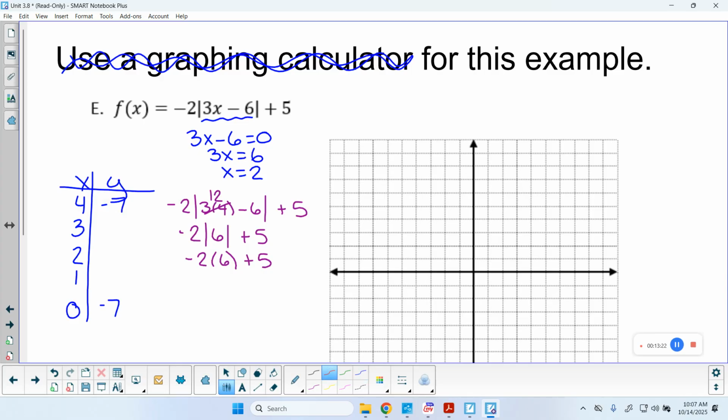Now we are going to take 3 and plug it into x. So -2 times the absolute value of 3 times 3 minus 6, and then plus 5. Again, do what's inside of the absolute value first. 3 times 3, we know is 9. So that means we're going to have -2 times the absolute value of 9 minus 6, which is 3, and then plus 5.